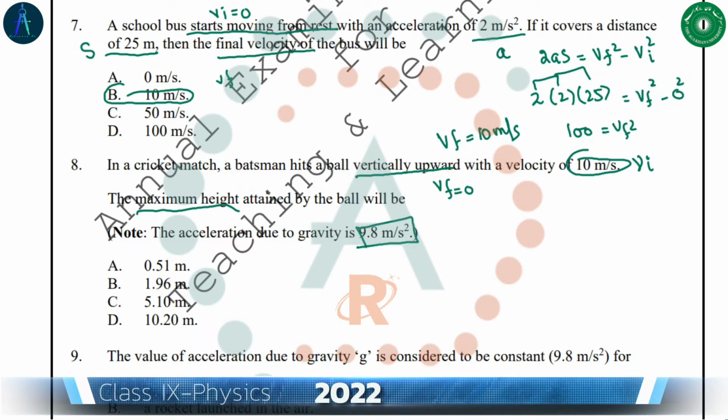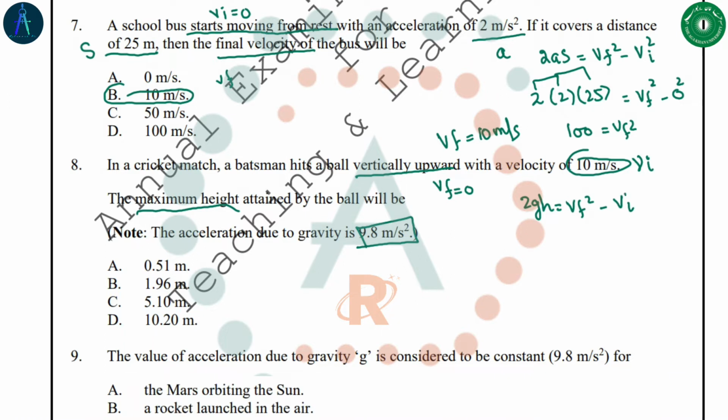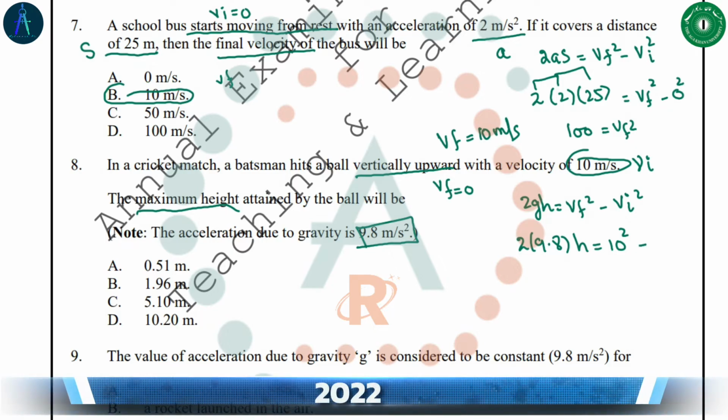So we are going to apply the third equation of motion under gravity, that is 2gh equals Vf square minus Vi square. So 2 into 9.8 multiplied by height equals 0 square minus 10 square, as the final velocity is 0.